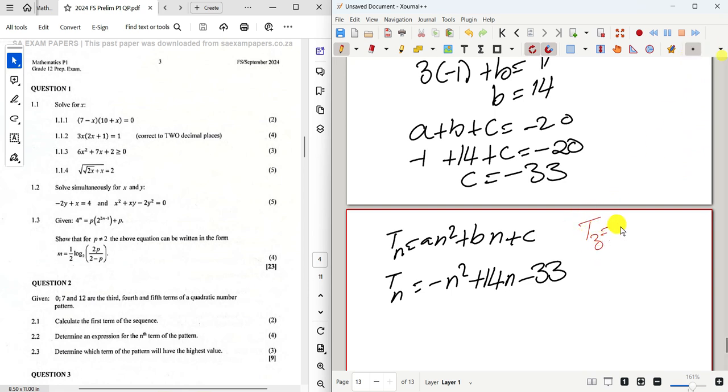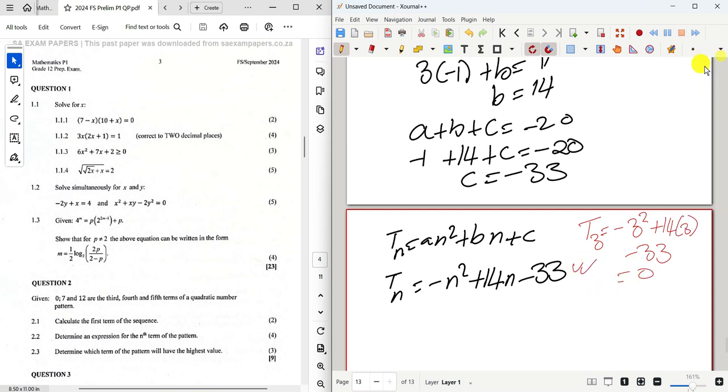Term 3 is equal to negative 3 squared plus 14 into 3 minus 33. So this will be minus 9 plus 42 minus 33. Indeed, it's 0. So it means this is correct.